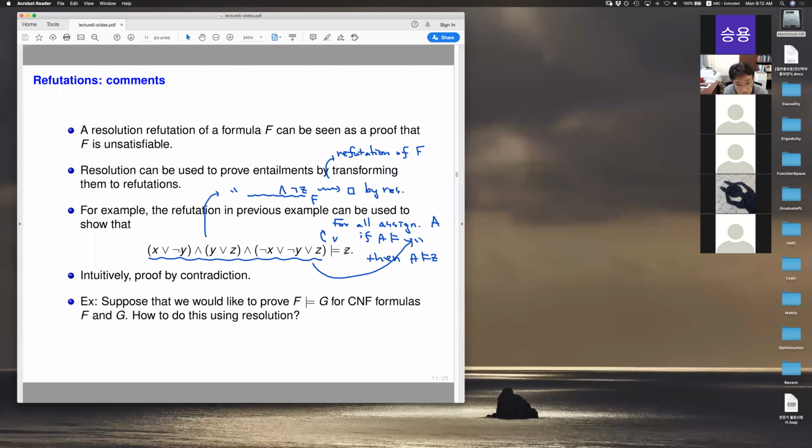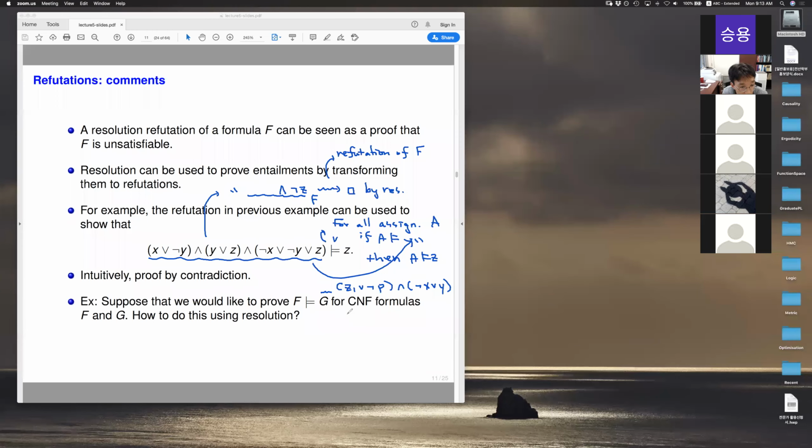Suppose in this specific case, our target formula was just a very simple formula, which is just the propositional variable Z. But now consider the case where our target formula is not this simple one, but a bit more complicated propositional formula G, okay? So G can be, say, some C1 or negation of maybe P, and maybe negation of X or Y. So this is a more complicated formula.